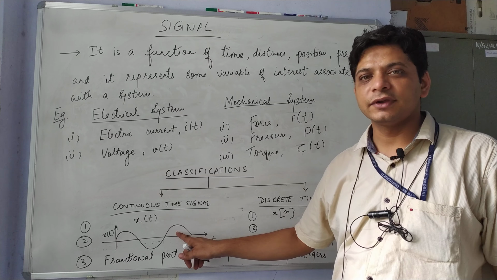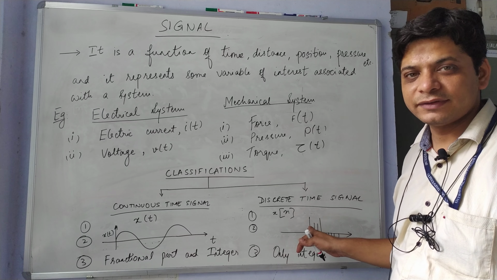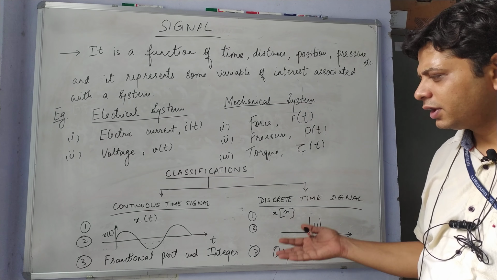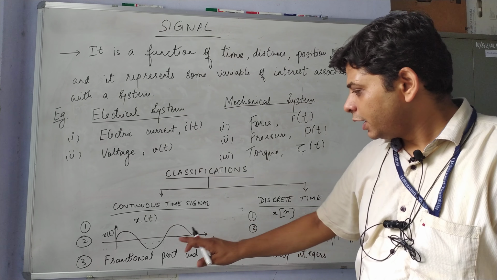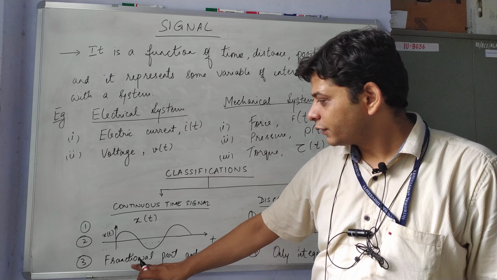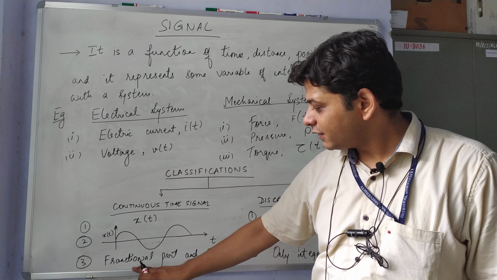This continuous time signal is converted to its samples with the help of the sampling process, that we will deal with later on. The very important phenomenon of a continuous time signal is that we can have a fractional part as well as an integer part.